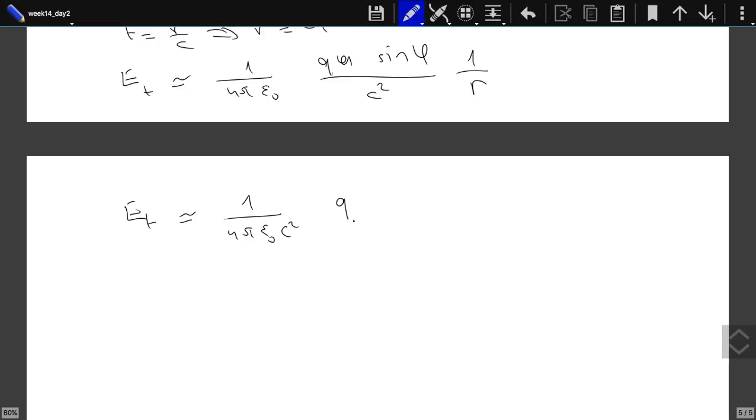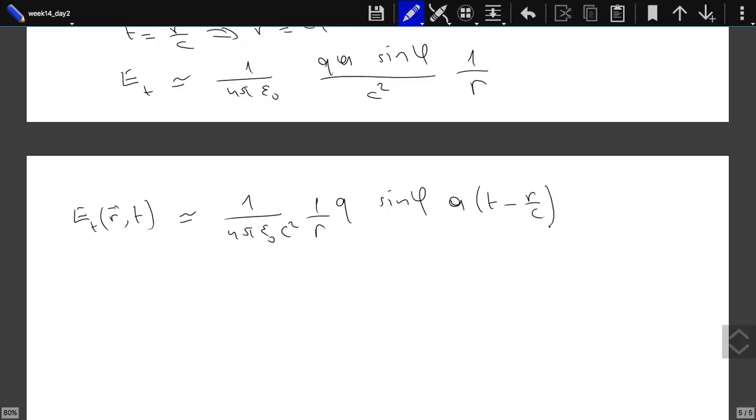Now I will be taking one jump. The electric field at the point R at the time t will be equal to 1 over 4 pi epsilon 0 c squared, 1 over r, q times sine phi times the acceleration, but the acceleration at the time t minus r over c, not at the time t.